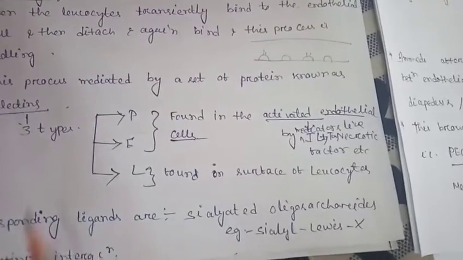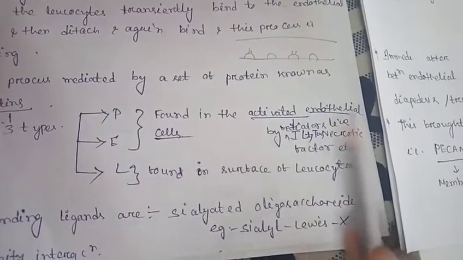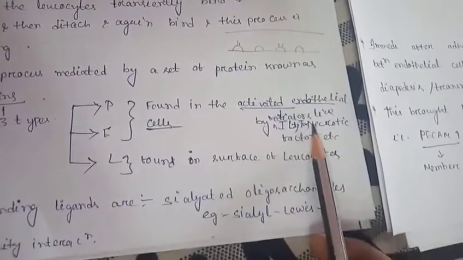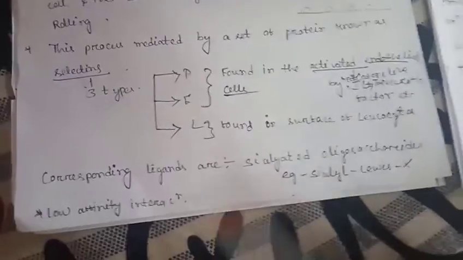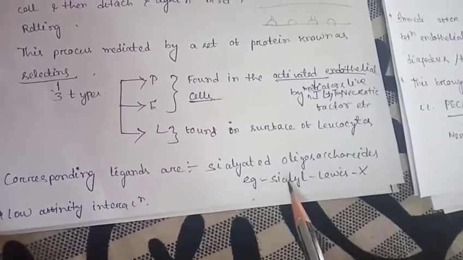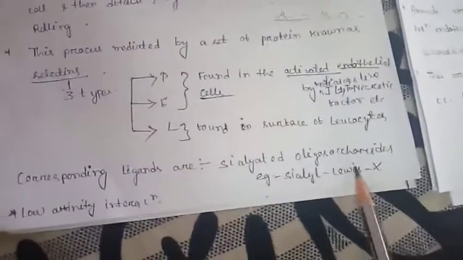The P and E are found in activated endothelial cells, activated by mediators like interleukin 1, tumor necrosis factor, etc., whereas L is found on the surface of leukocytes. The corresponding ligands are sialylated oligosaccharides, for example Cellular Lewis X. That is a low affinity interaction.